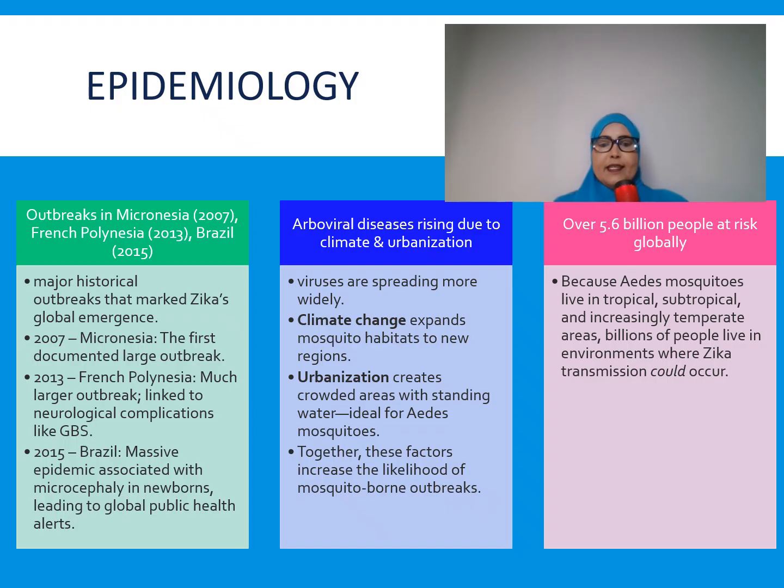Urbanization creates crowded areas with standing water, ideal for Aedes mosquitoes. The standing water lets mosquitoes breed, spread in large groups, and attack the residents who are close to that area.